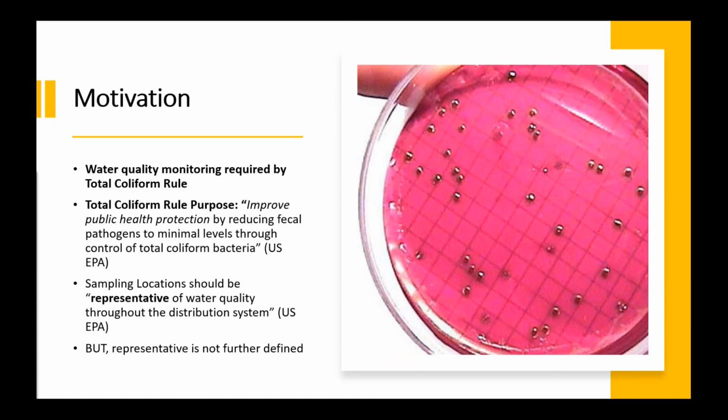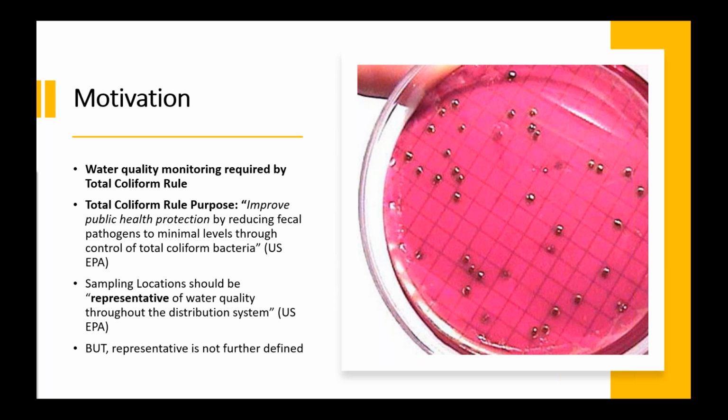So the motivation behind this work: water quality monitoring is required by the Total Coliform Rule, as most of us are aware. The Total Coliform Rule's purpose is to improve public health protection by reducing fecal pathogens to minimal levels through control of total coliform bacteria.